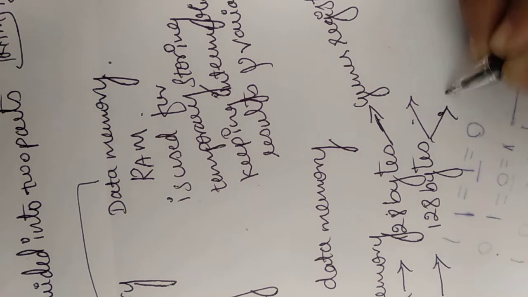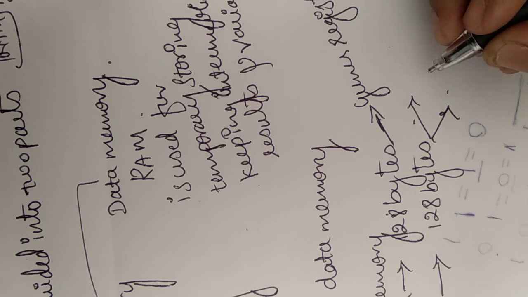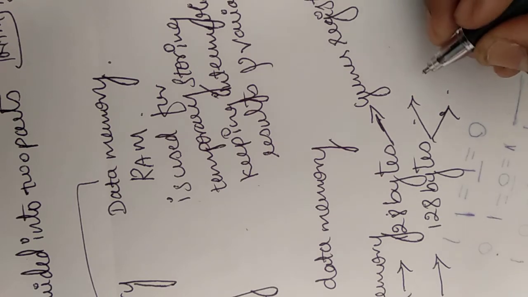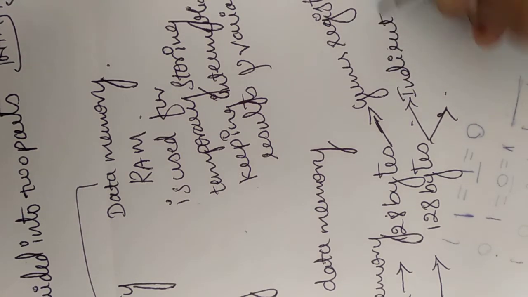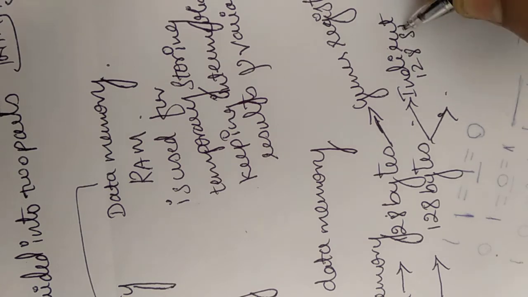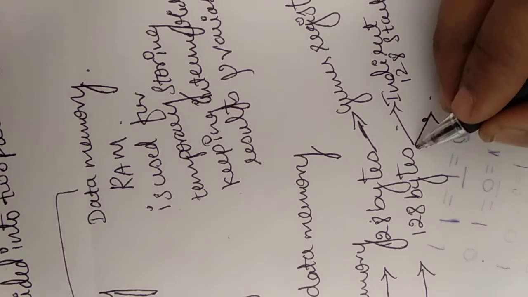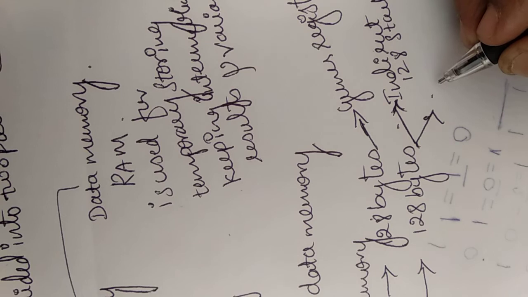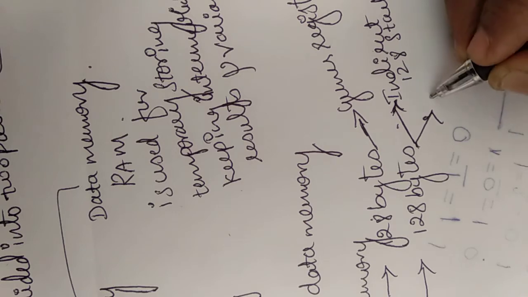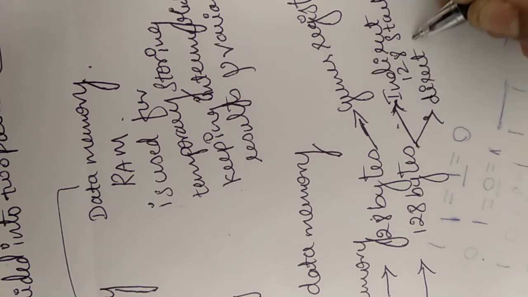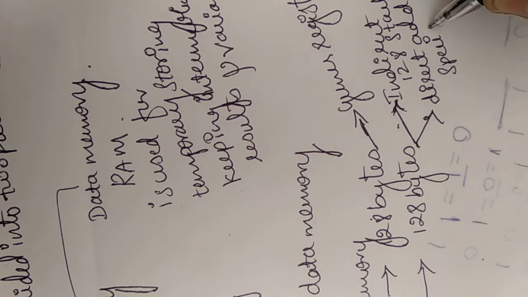The upper byte area is again divided into two parts: indirect addressing of the 128-byte stack, and direct addressing of the special function registers.